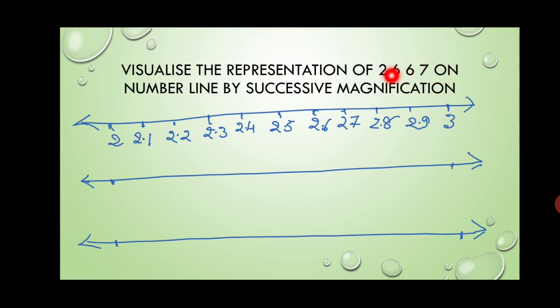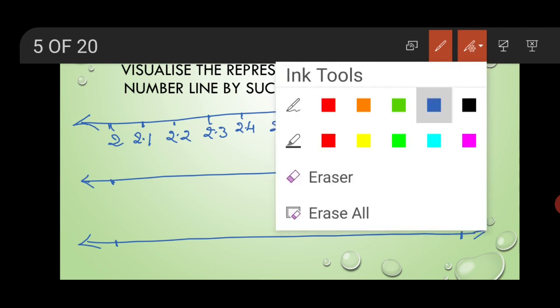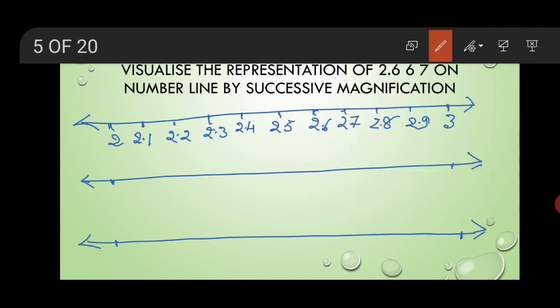Read it in this way. 2.6 something is a number that lies between what? It lies between 2.6 and 2.7. So I will take it that the number lies between 2.6 and 2.7.